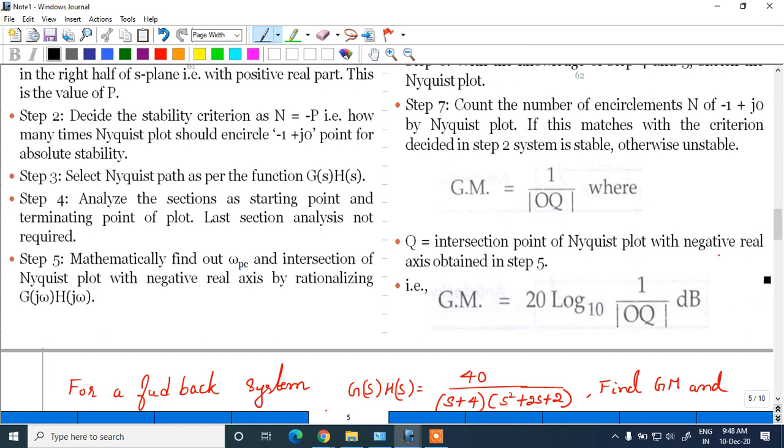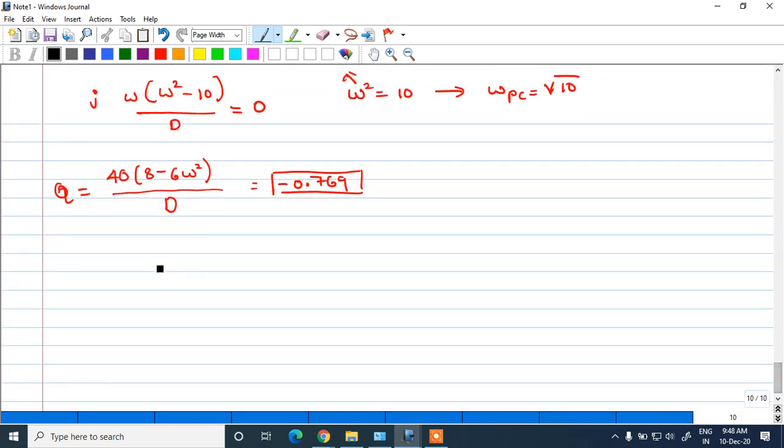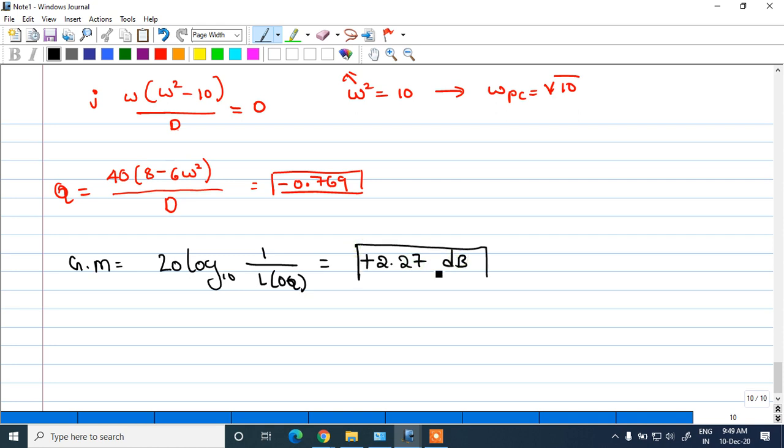The gain margin is equal to 20 log to the base 10 of 1 by the length of OQ. OQ is nothing but minus 0.769. Here you will identify this as dB. This will be the answer.